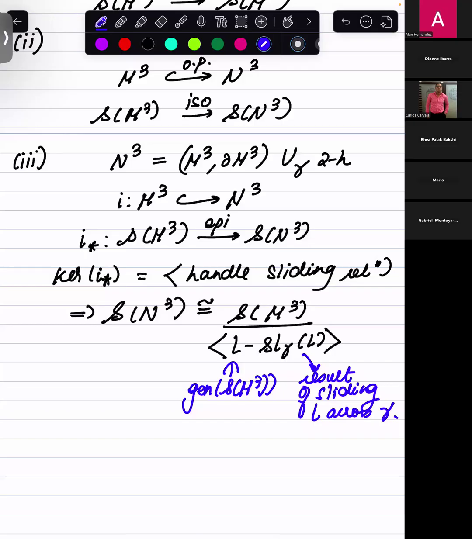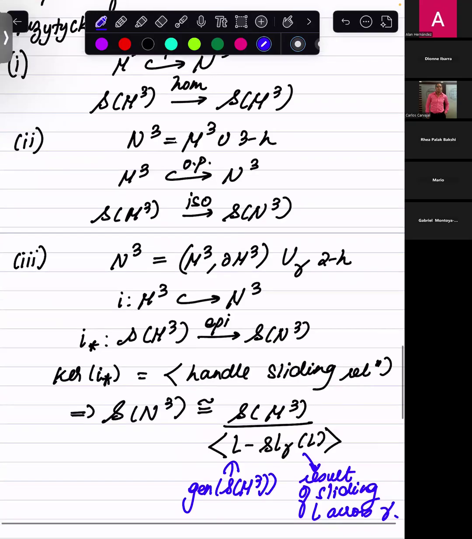This is encoded by these handle sliding relations. So just to recap, an orientation preserving embedding yields a homomorphism of Skein modules, 3-handle addition yields an isomorphism, and 2-handle addition yields an epimorphism.